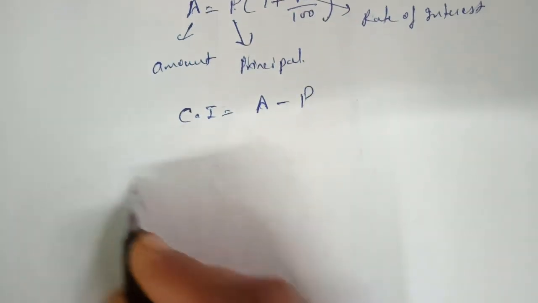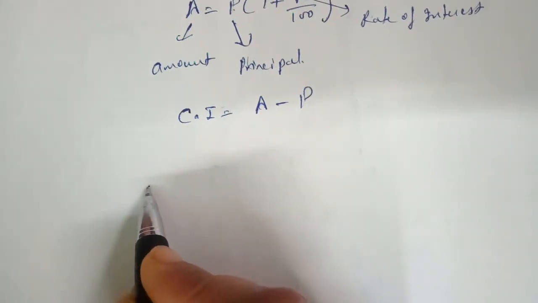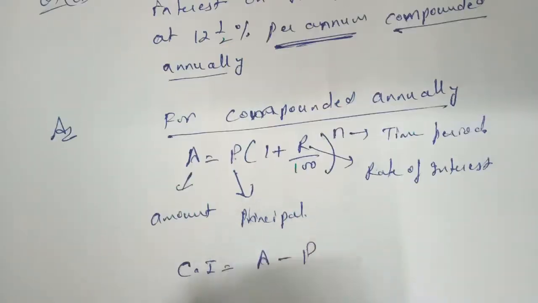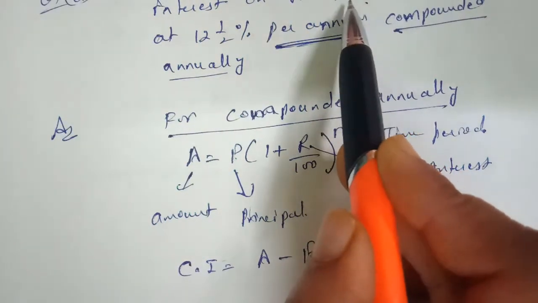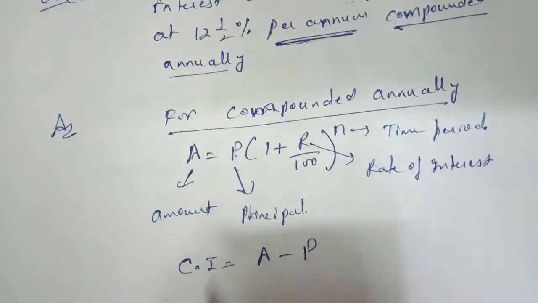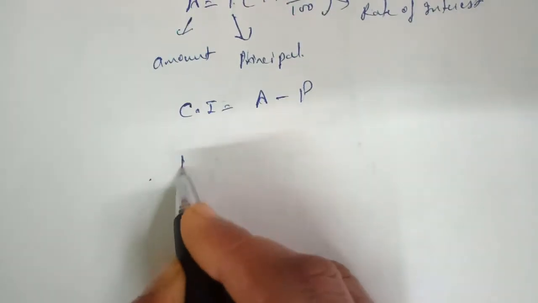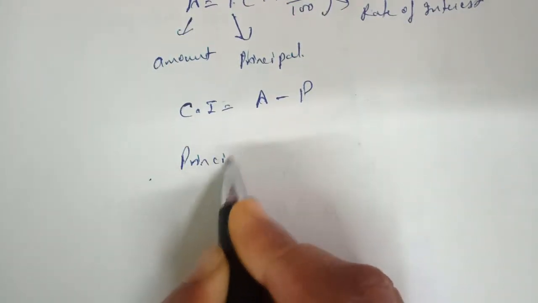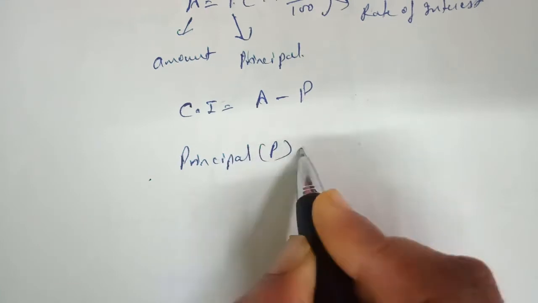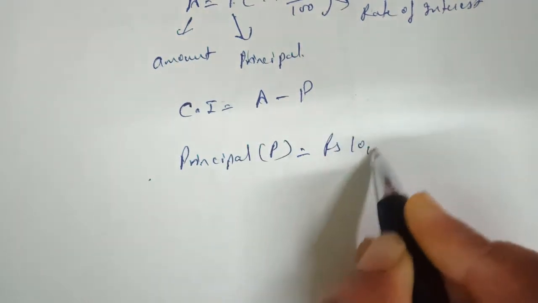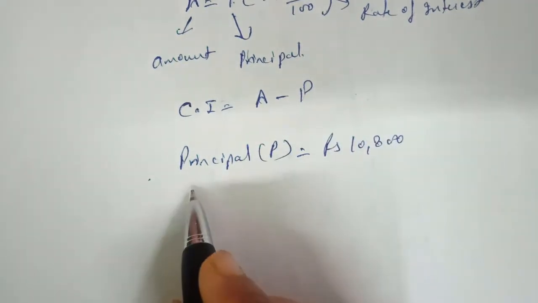So let us start. Here we have 10,800, the money on which interest is paid. So this will be taken as the principal. P equals rupees 10,800.